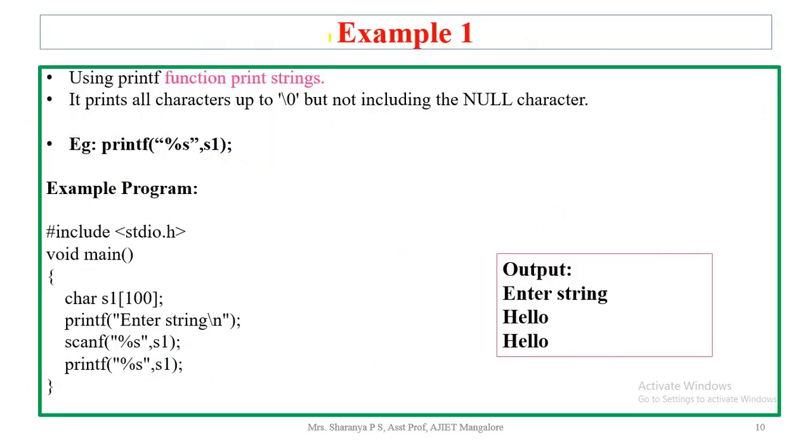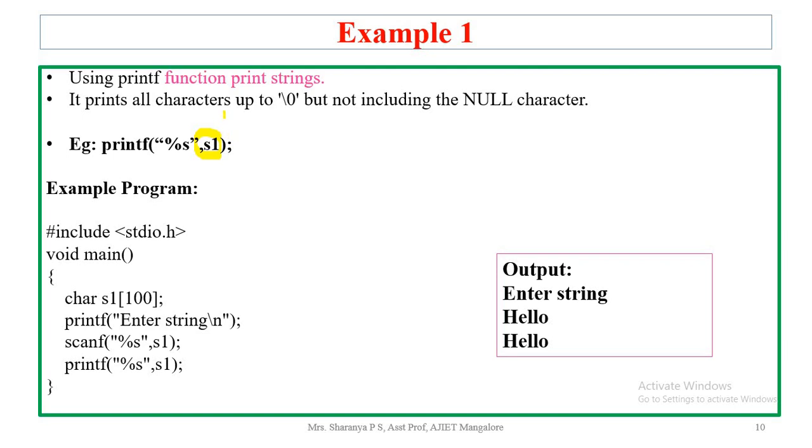If you observe the example here, you can see how we can print as well as read the values using strings. When we are printing, we use the printf function with %s and the string name. We are not mentioning any size while printing or while inputting or outputting the values on the screen.